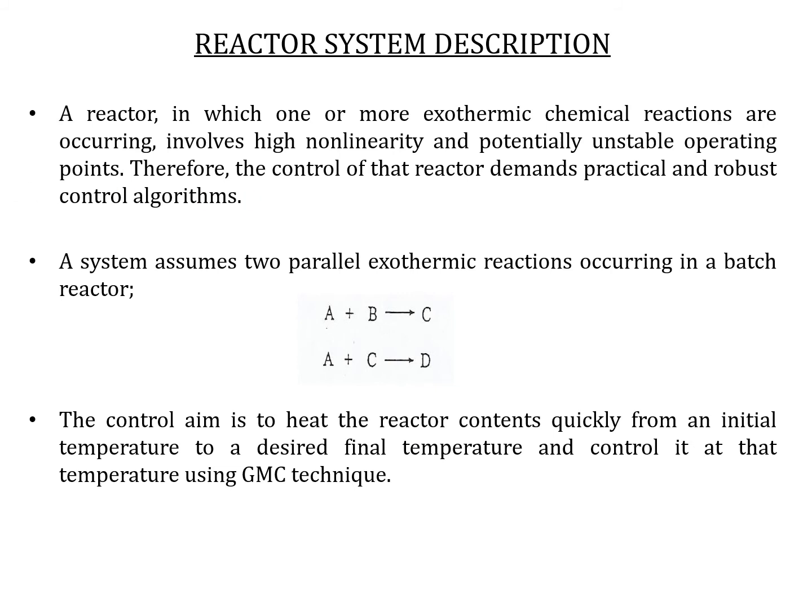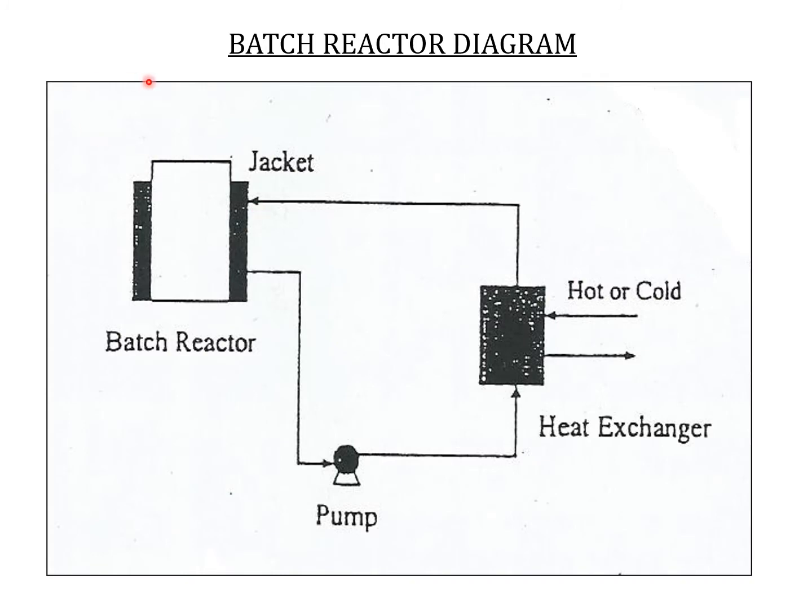Again, we need to see where, okay, in this case we have a batch reactor. This is exothermic, so we're cooling down the jacket, but the cooling is done outside. We take out the water, the cooling part, the jacket part, and we cool it here.